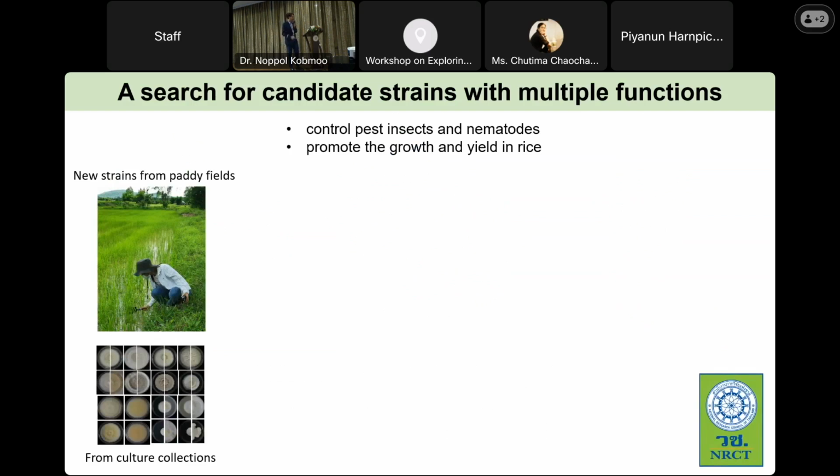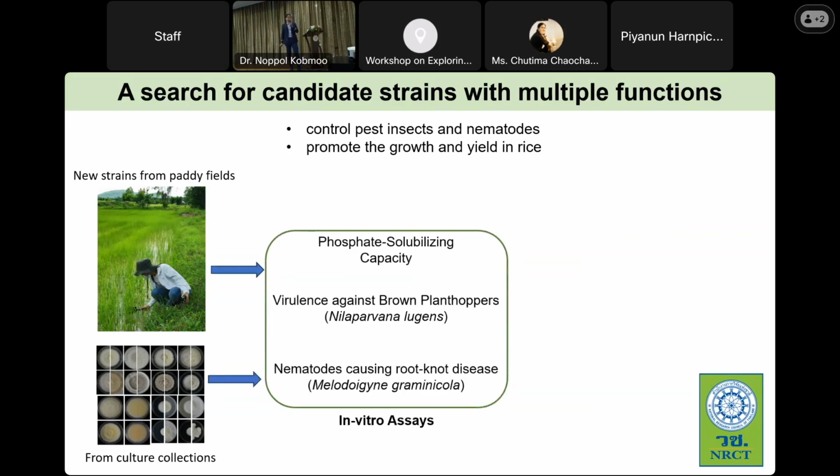Luckily, we got funding from the National Research Council of Thailand almost 2 years ago to look for entomopathogenic fungi found in paddy fields around Thailand, and to see whether there can be good candidates, on one hand to improve the growth of rice, and on the other hand to be good biocontrol agents against known pests of rice, such as the brown plant hopper or the nematodes that cause root knot disease.